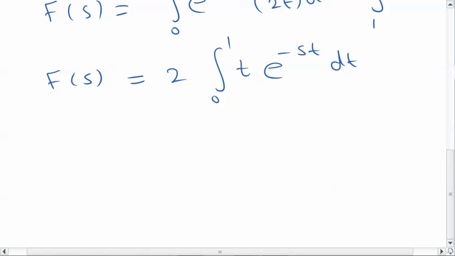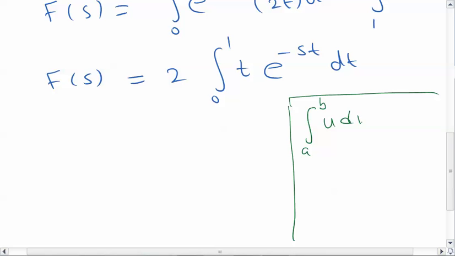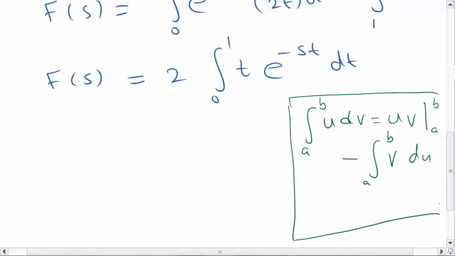Let me remind you of what you have done in Calc 2 class, which is, if you have the integral from a to b of u dv, it is equal to uv from a to b minus the integral from a to b of v du. That's something that you know very well. So here the task is to find what is u and what is v, right?